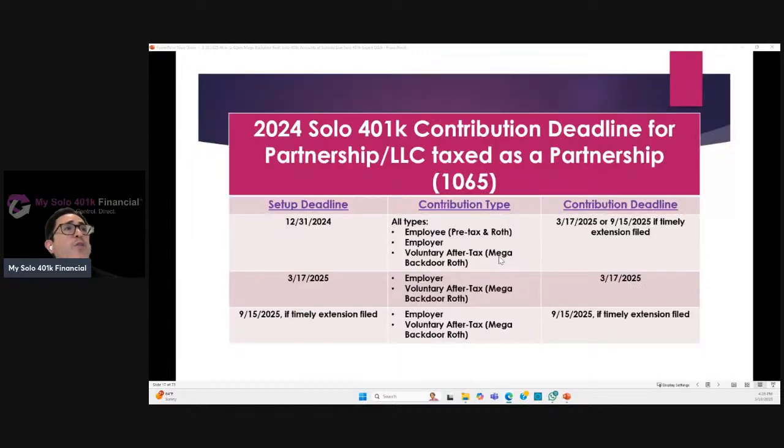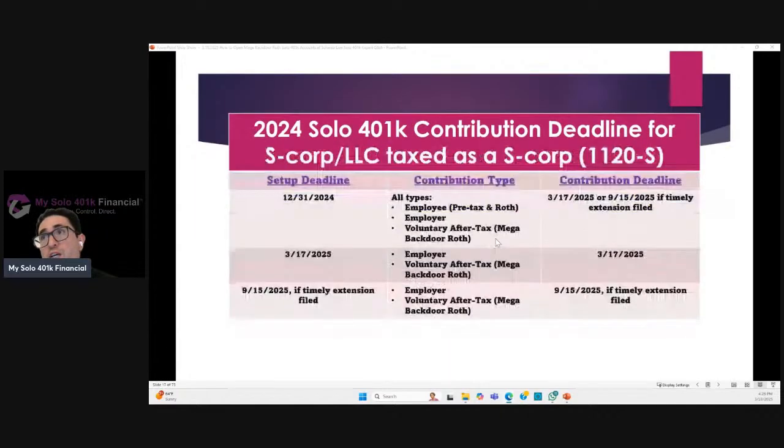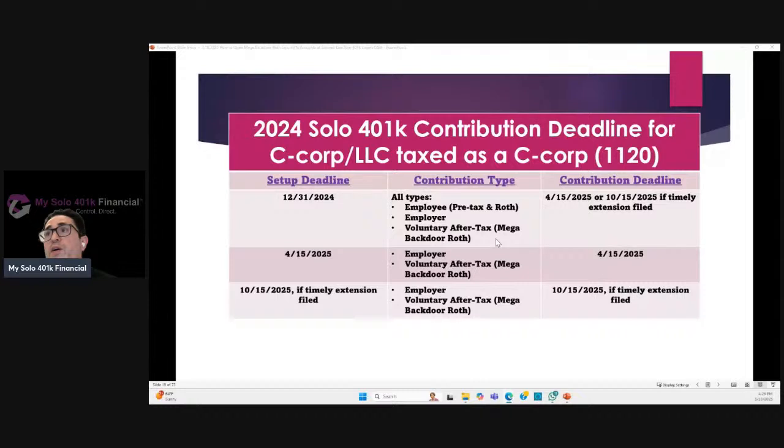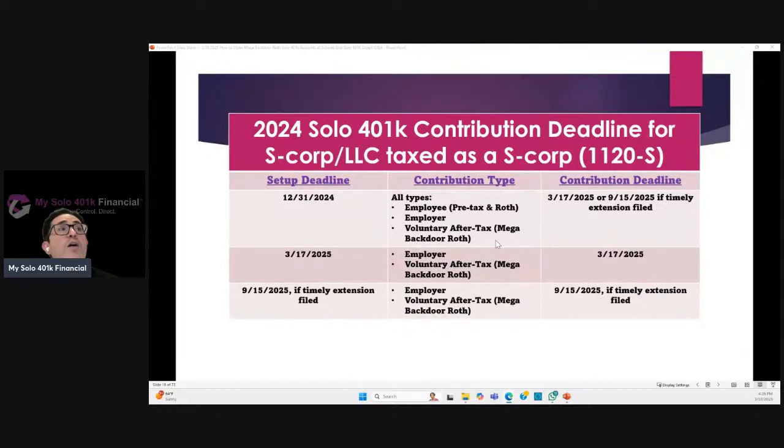Now, for all the other business types, partnership, S Corp, C Corp, if you hadn't signed up with us before the end of last year, or you didn't have a basic plan set up somewhere else before the end of last year, then it's too late to make employee contributions for 2024.